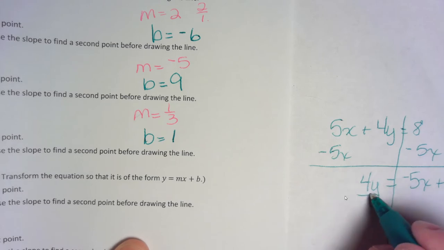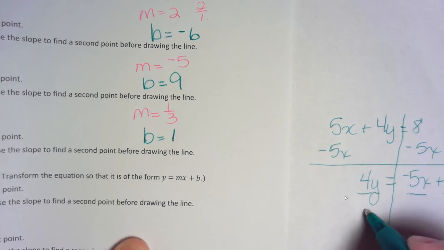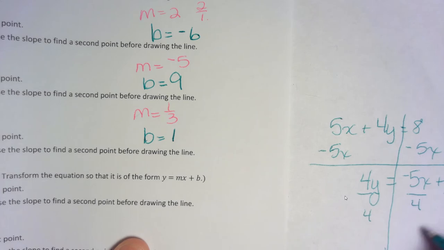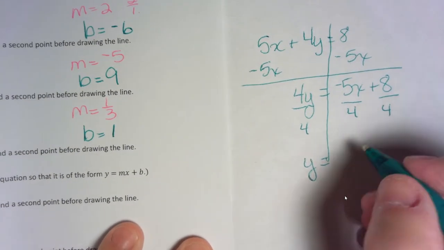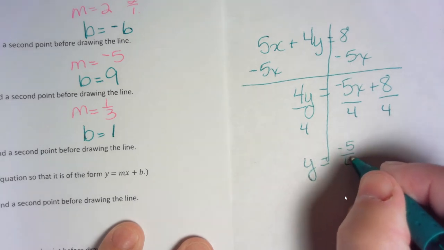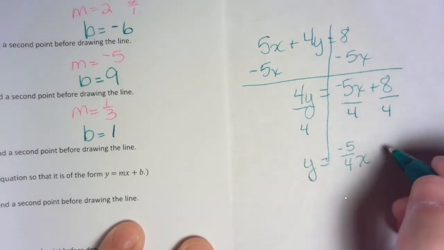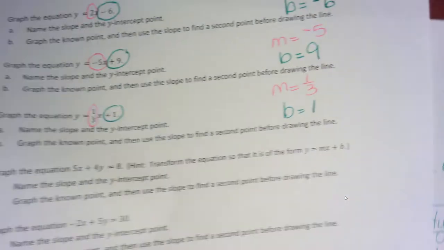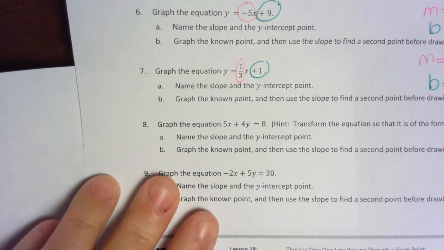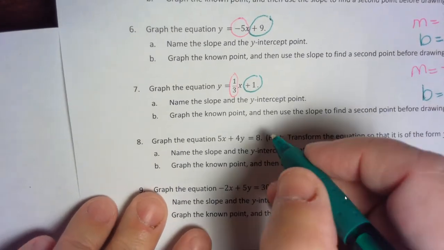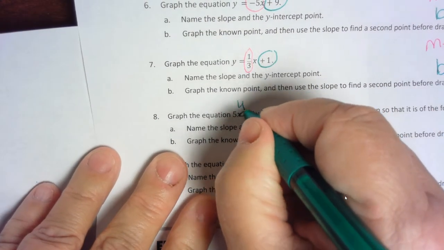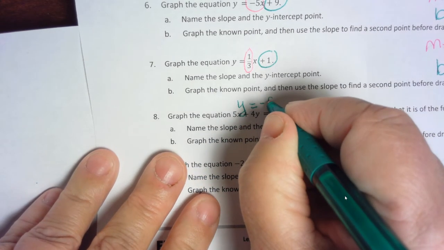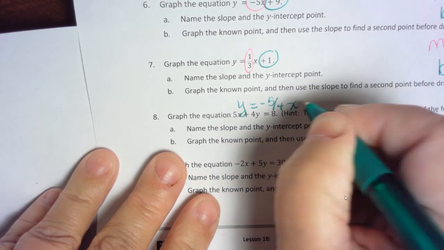Now we need to divide by 4 to get y by itself. So y is going to equal negative 5/4 x, and 8 divided by 4 is 2. So when we transformed this equation, we got y equals negative 5/4 x plus 2.